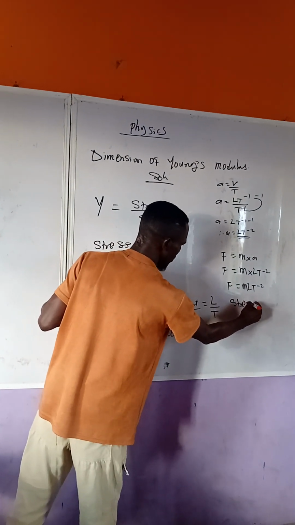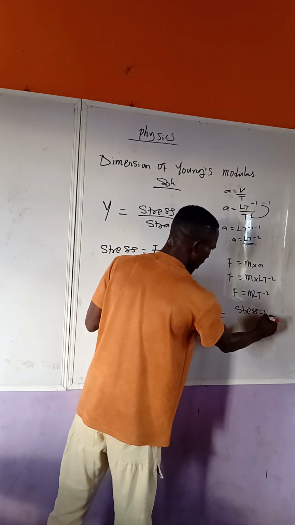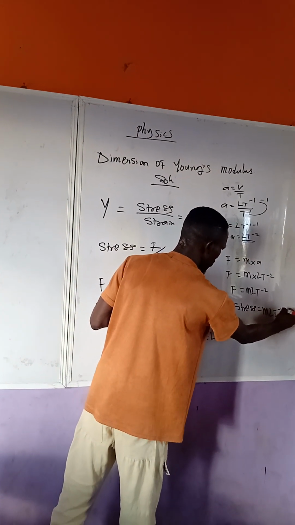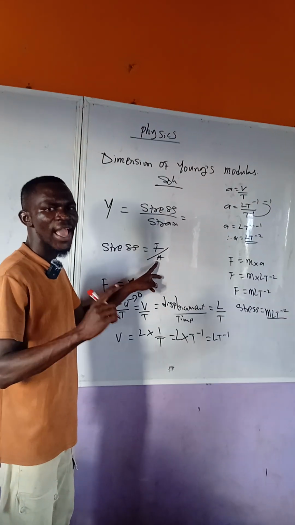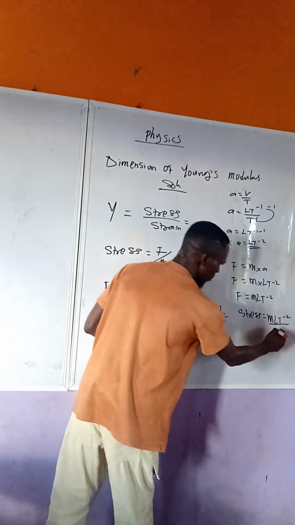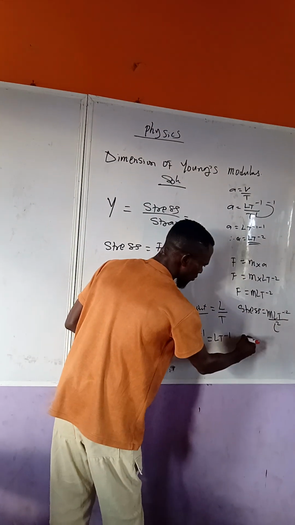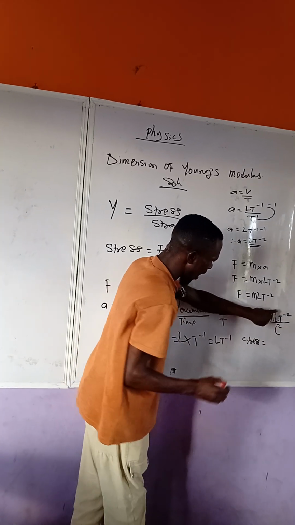Stress equals force, which is M L t raised to the power of minus 2, over area. For dimensions we use L squared for area. So this L is under L squared here.